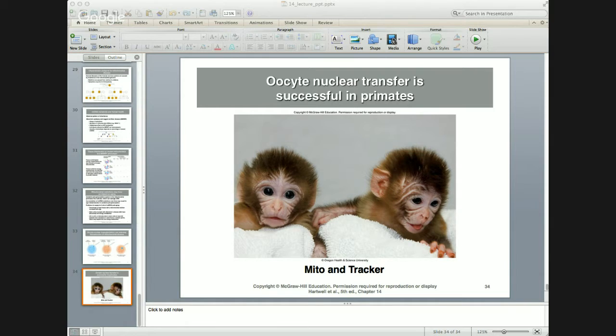LHON, we talked about that. MERRF, we talked about MERRF. These are mitochondrial diseases that occur in humans. So to sidestep that, you could perform these nuclear transplantations. And that's how these two guys were produced.